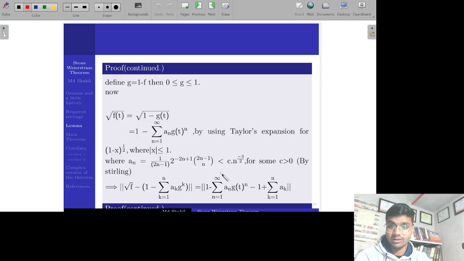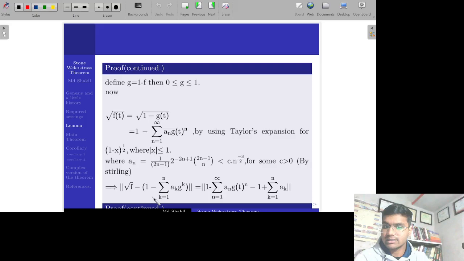And by Stirling's formula, it is strictly less than c times n to the power minus 3 by 2. Now we calculate this value: mod of square root of f minus 1 minus summation of k varies from 1 to n. Now we do not go to infinity directly. We go finitely. We take values from 1 to n.